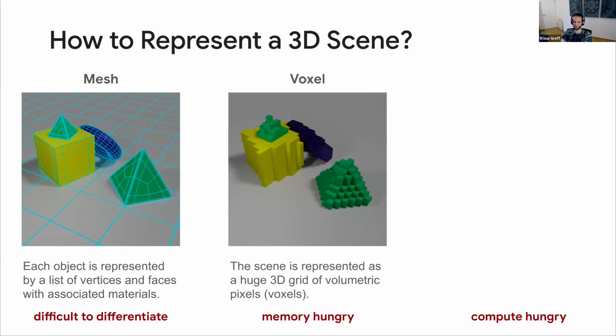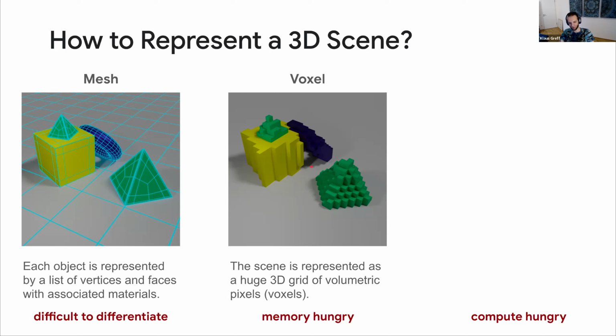Another straightforward way would be to use the 3D equivalent of pixels, namely voxels, and just cut 3D space up into a grid of small cubes. And then, similar to having feature maps in a convolutional network, we could just populate each one of those blocks with features for that part of the scene.